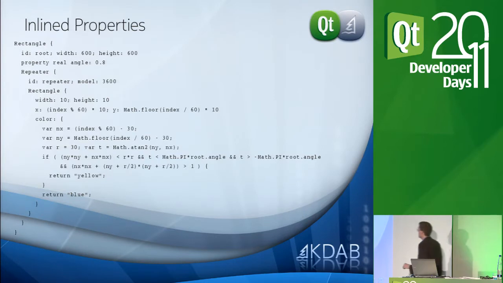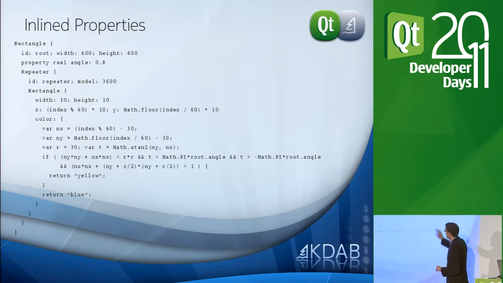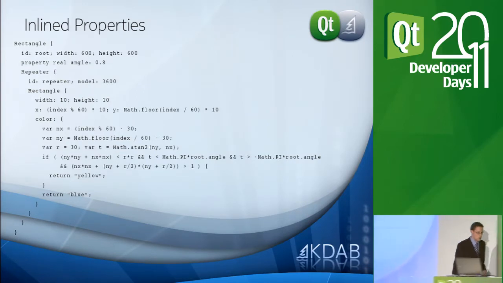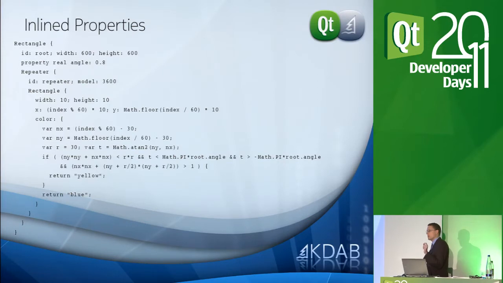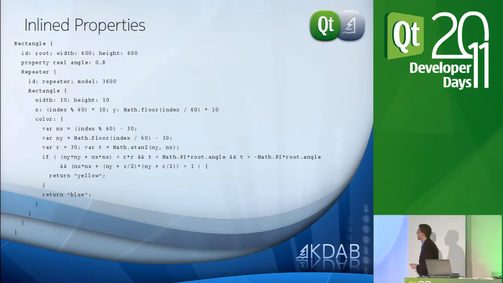So this is our version that inlines all the helper properties we had in Rectangle. In the earlier version, we had 4 properties there, calculating the indexes in the grid and the position. That's now inlined.